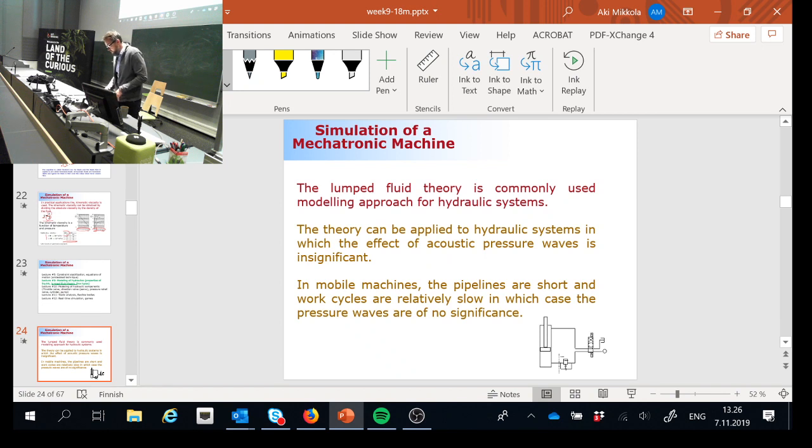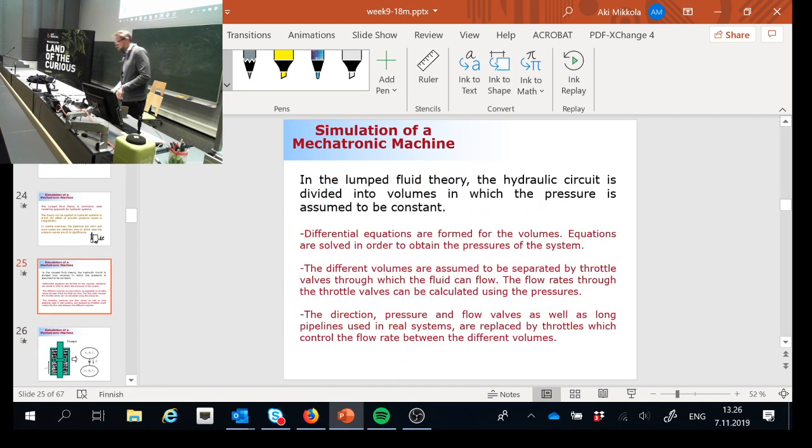What is this method? The idea is that we're going to discretize our hydraulic circuit into volumes where we assume the pressure to be equally distributed. You don't understand that yet, but I'm going to explain it in a second with an example in my follow-up slide. So we're going to divide the hydraulic circuit into volumes.